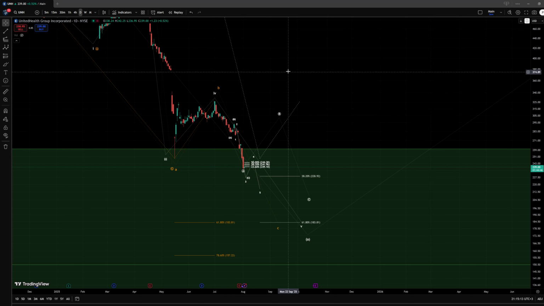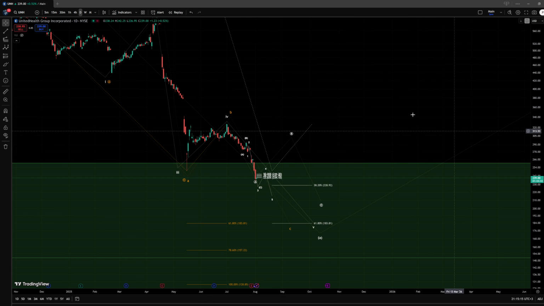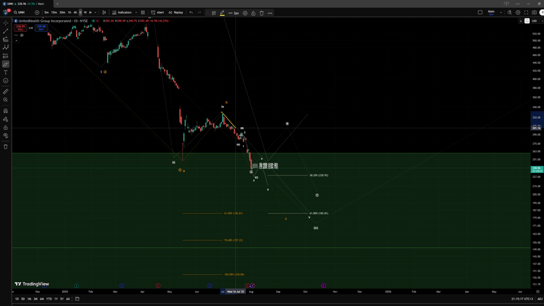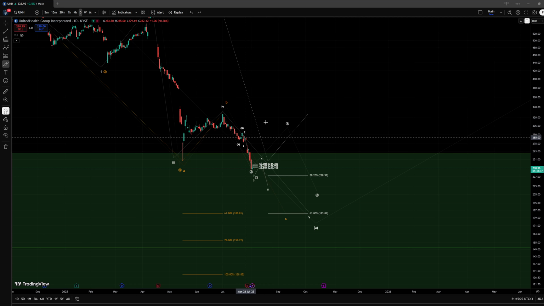But one thing remains: we can actually differentiate once this movement to the downside is complete. We can differentiate with pretty good clarity whether we have completed the orange scenario or the white scenario.